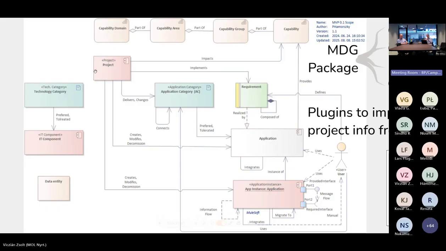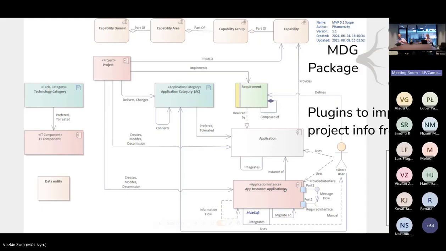So every project is connected with applications, as you can see, and the application categories and application instances. In our case, these connections have different meanings. For example, we are differentiating applications and application instances, which means that applications are on logical level and application instances are on physical level.